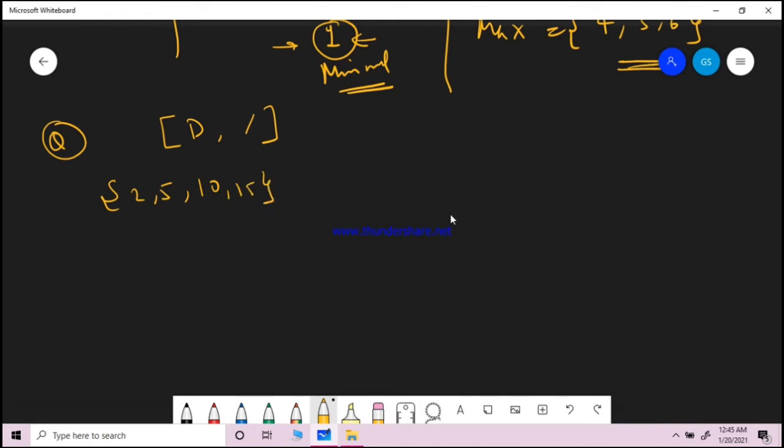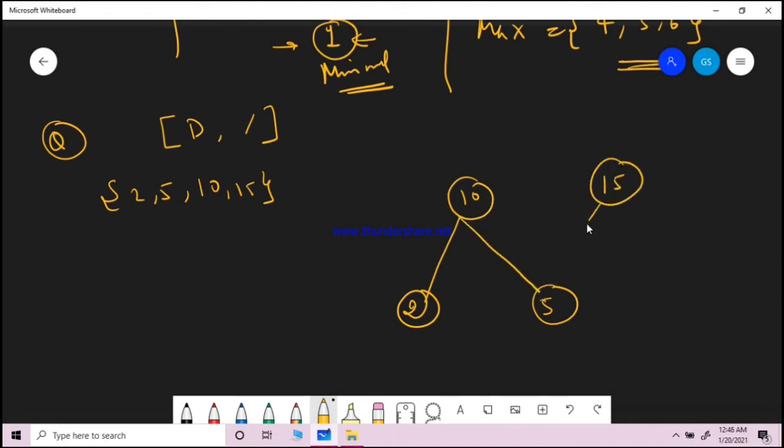Simply, divisibility you have to check. So 2 never divides 5, so it will appear on the same level. And this will be something like this. These two can divide 10 and 15 is divisible by 5 only.